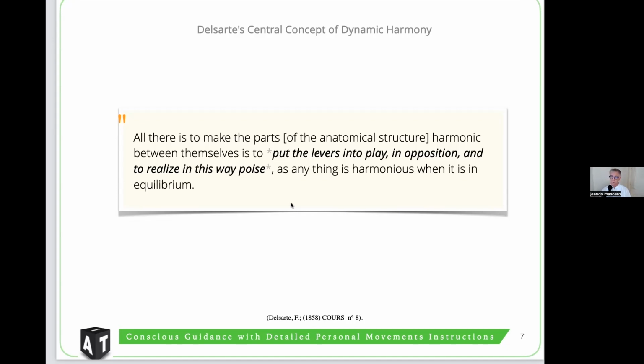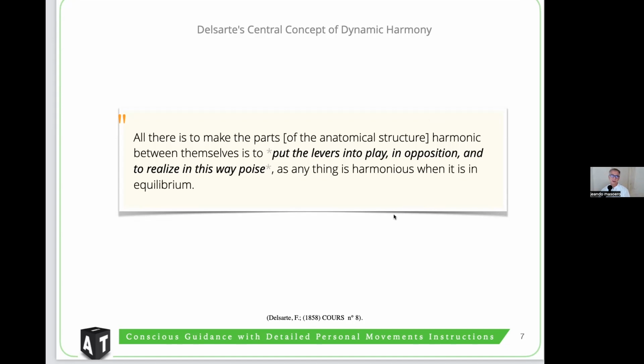So in the Delsarte system, there is this idea that gestures are made of movements of levers, that the movement of these levers are going to create or not some tensions in the tissue surrounding them. And the central concept of Delsarte's dynamic harmony is opposition of movements.